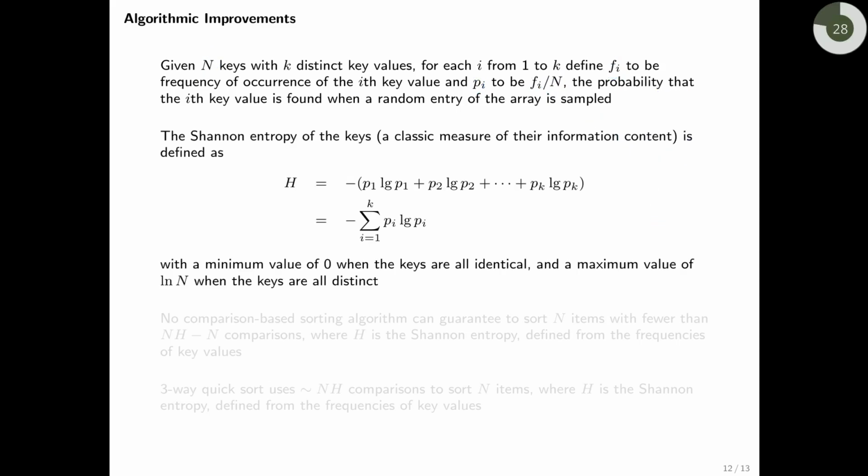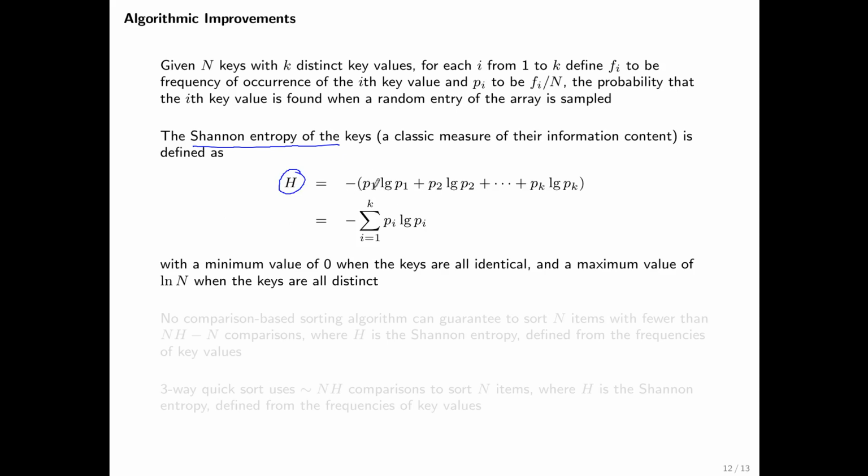So now there is a measure called Shannon Entropy of the keys, which is a very famous measure from information content, and that is simply defined as shown here. We denote Shannon Entropy, which is simply a number, as capital H, and it is computed using this expression.